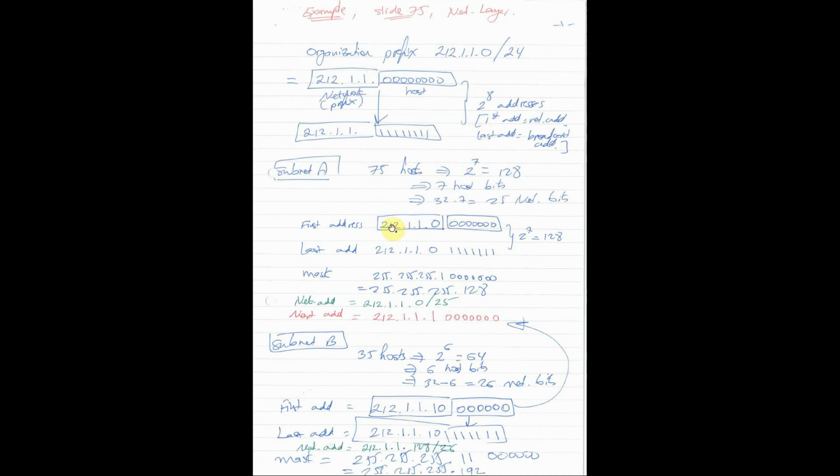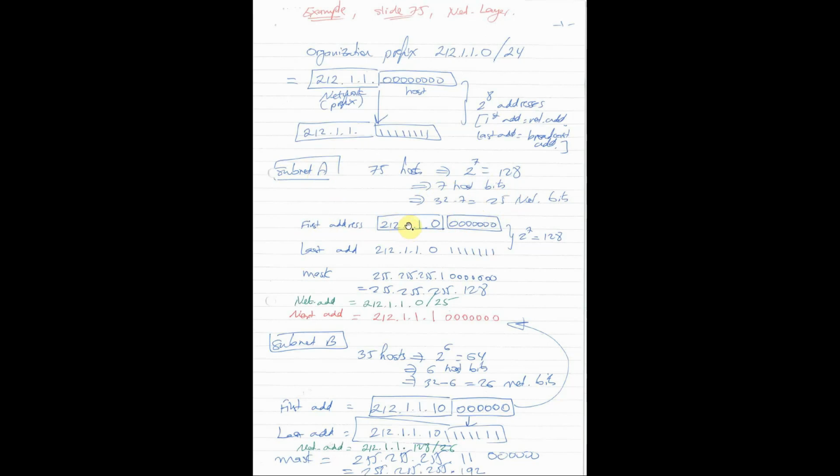So we're expanding 212.1.1 in decimal, and then the rest is in binary, 8 zeros. Why did I encircle 7 of them? Because for subnet A, we discovered that we need 7 host bits. So the other 25 will be network bits. Those 25 bits will be fixed, not for the whole network, but for this subnet.